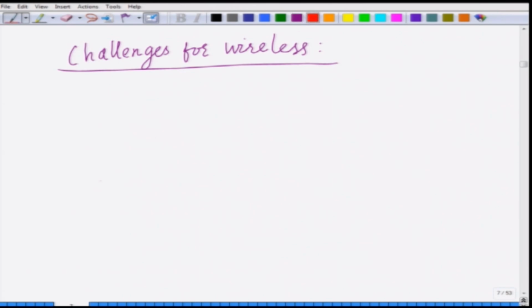Let us say we have a typical wireless communication scenario with a base station mounted on the top of a tower. So this is my base station or my transmitter, and I also have my mobile station or my mobile, which is at the user.